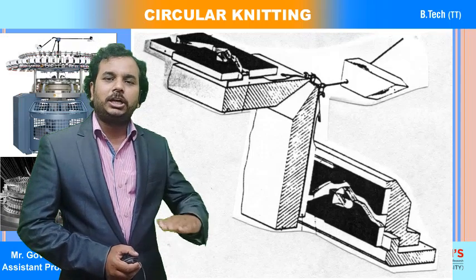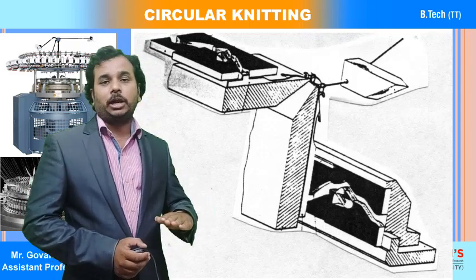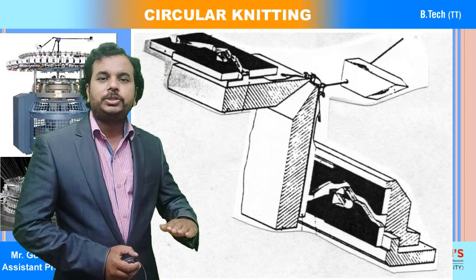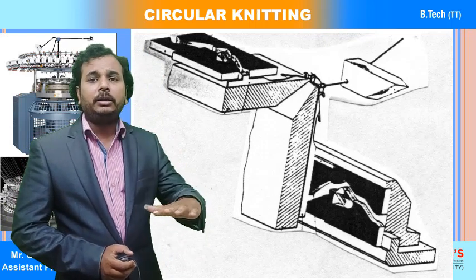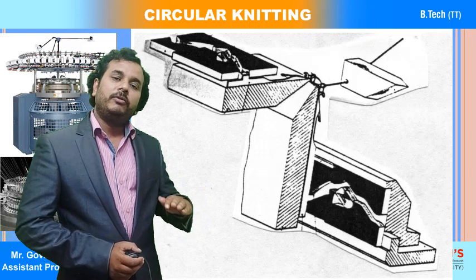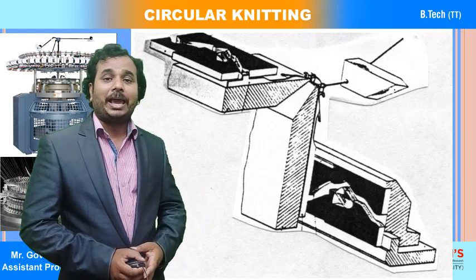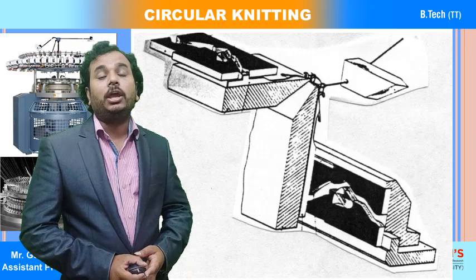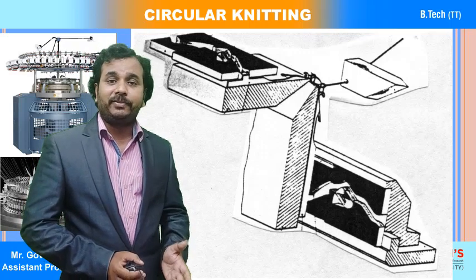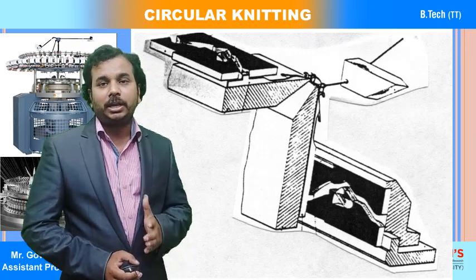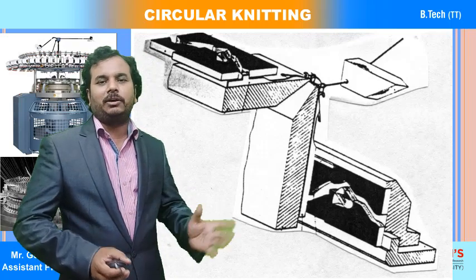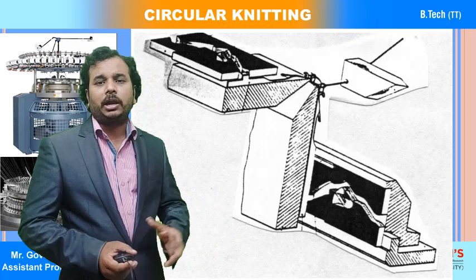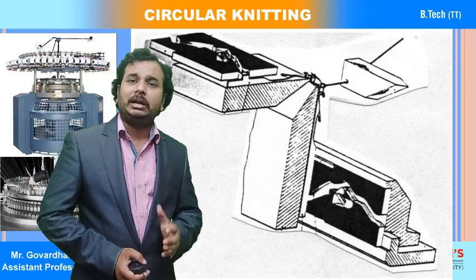So the needles are going to be moved forward and backward once they follow the cam tracks of the dial. Cams for the dial are different, cams for the cylinder are different. So there are two complete sets of needles and cams available in the cylinder and dial case.